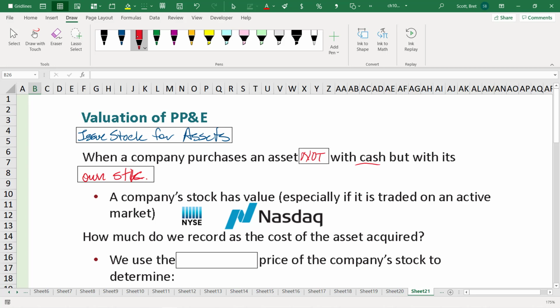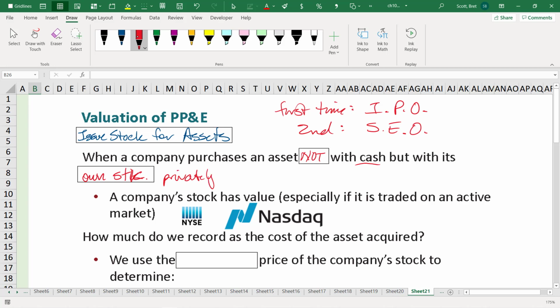Typically, the first time we issue stock, it's called an initial public offering. If we want to offer stock to the public again, we would call that a secondary equity offering, SEO. That's the second time. But we can also issue stock privately.